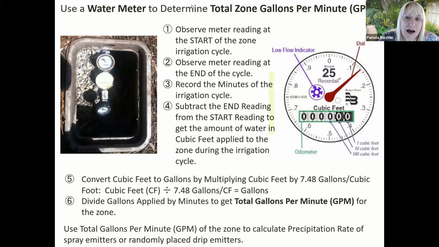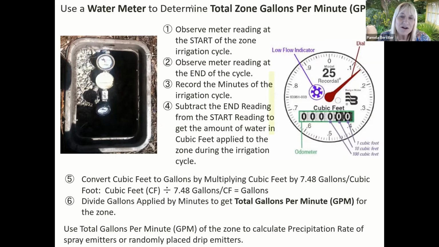That's really the best thing. So in this case, you record the start number from the water meter, the end number, and divide by the number of minutes. I want you to remember that water going through a water meter is measured in cubic feet, or sometimes 100 cubic feet.